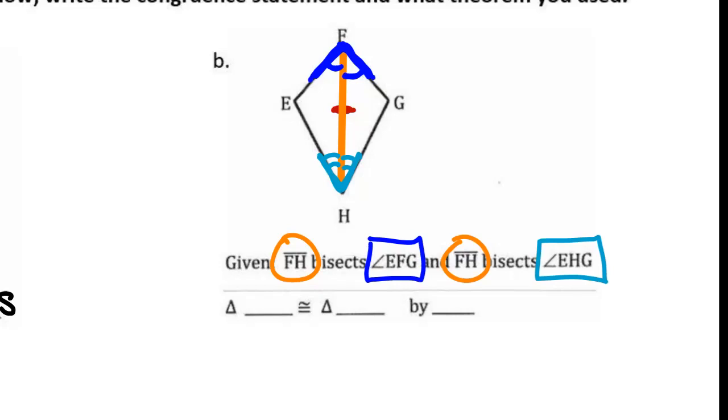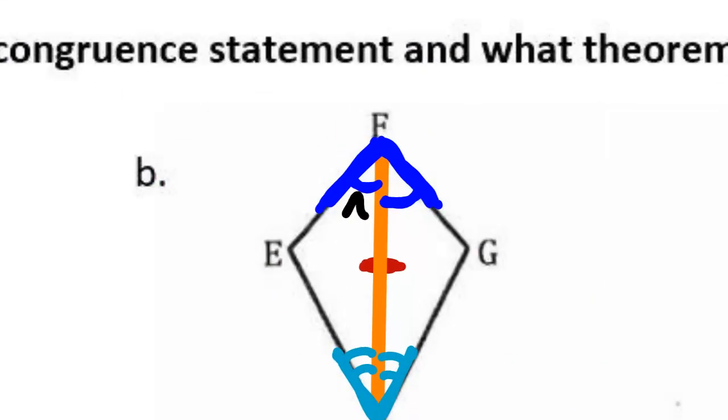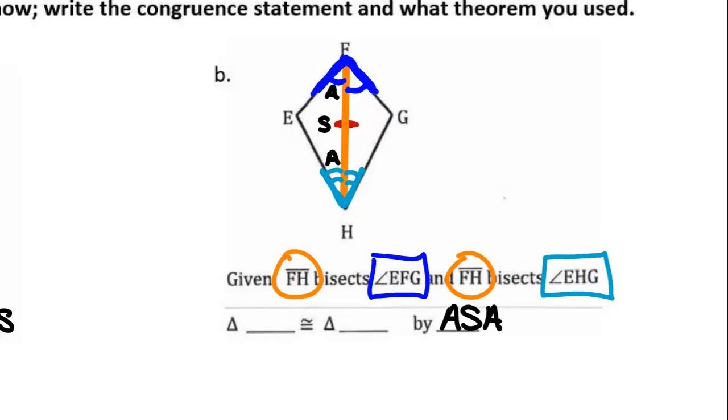Do I have enough information to say that these two triangles are congruent to each other? Yes, using which congruence criteria? Angle, side, angle. Here's my angle. Here's my side. And here's my angle. Give me a way to name one of those two triangles.